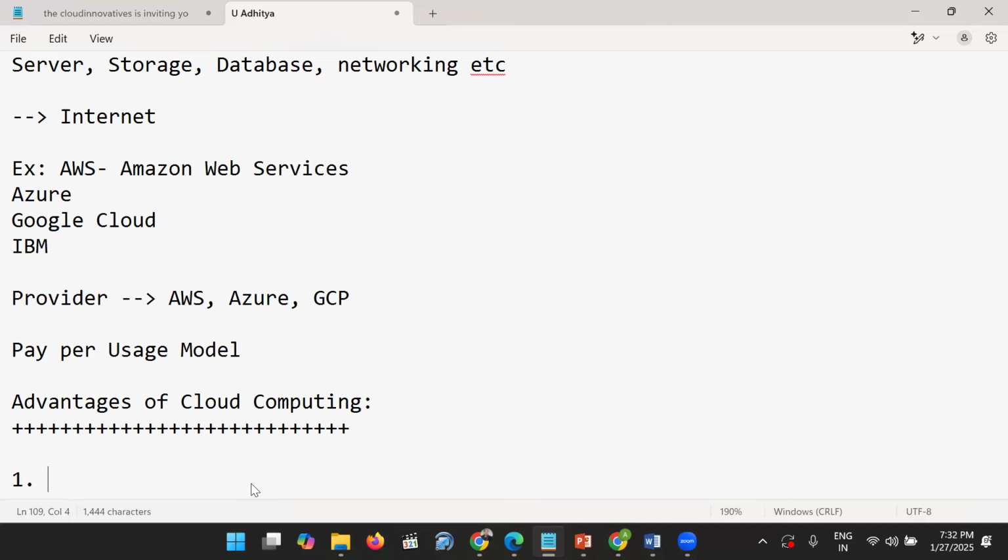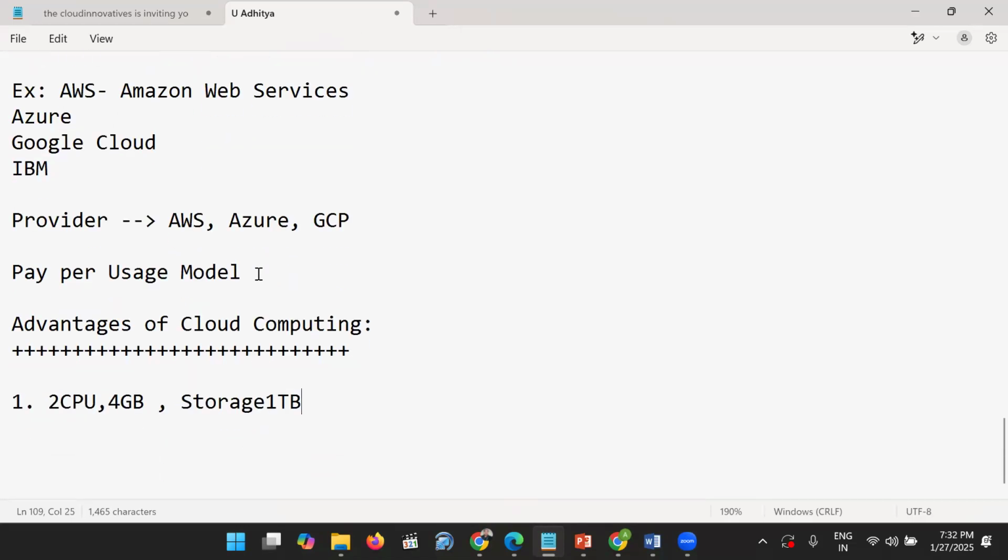One of the advantages is that there are many services available. Say you need a server as per your requirement, 2 CPUs, 4 GB RAM, and storage that may be 1 TB or whatever you need. You only pay for that. That is the pay-per-usage model cloud computing provides.